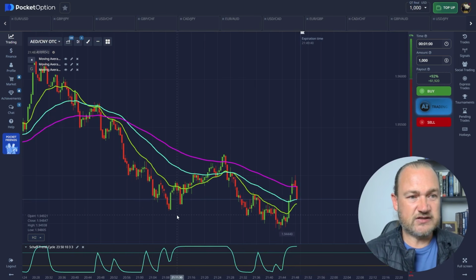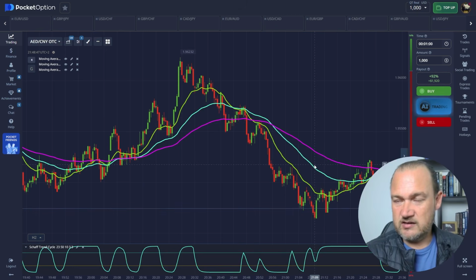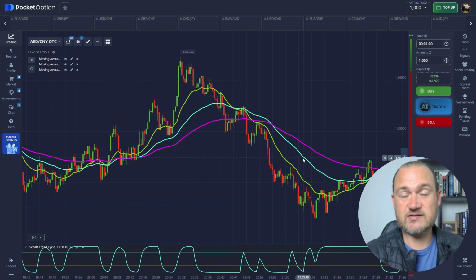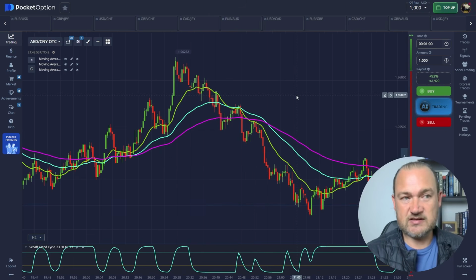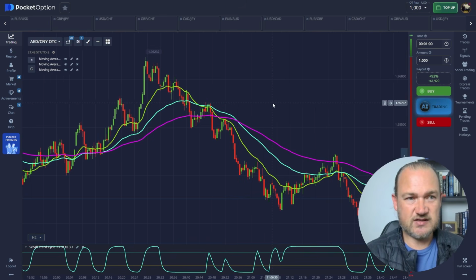So what we're going to do is look for areas where the moving averages are either opening up or at best running parallel to each other. If they're closing in, we're not going to look for trades while the moving averages are closing up.